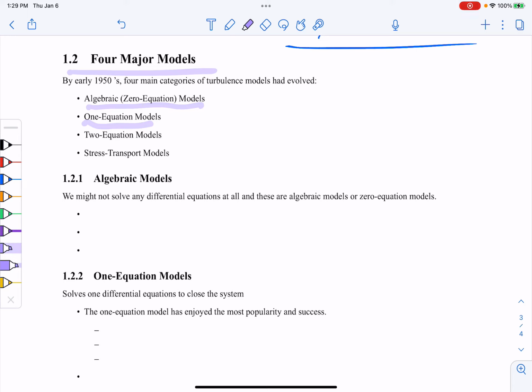And I should mention that between here, there's something called the half-equation model, which there's one famous by a professor and a student of Johnson and King, and we'll mention that briefly, but it's rarely used today, but it was very popular at the time in the 70s. Then there's 2-equation models, right? Those solve 2 differential equations plus closure coefficients, and the stress transport models, which aren't as used as much today.